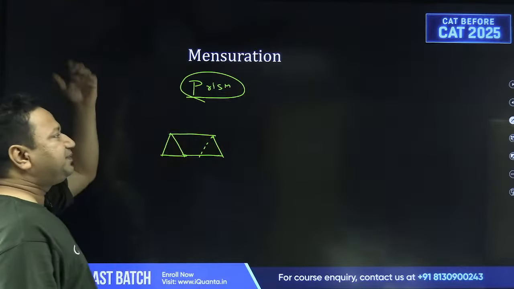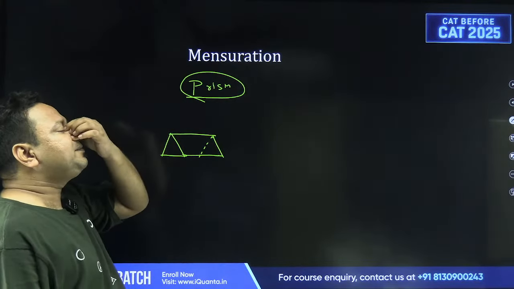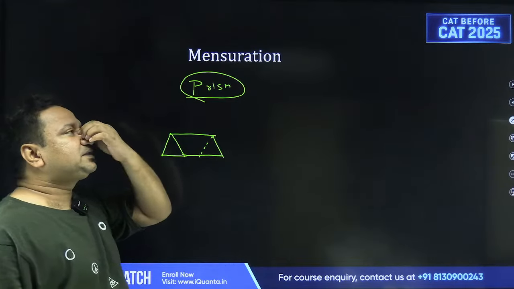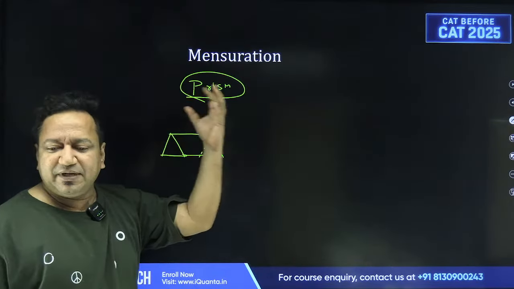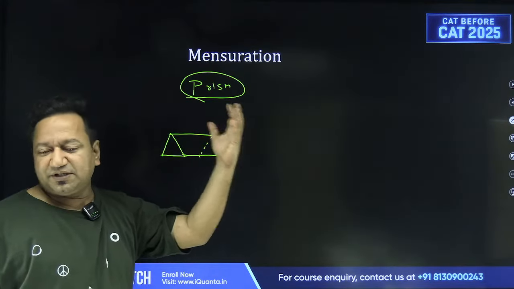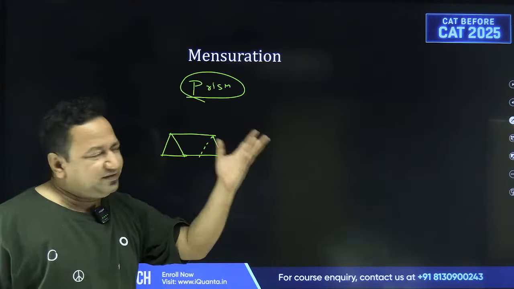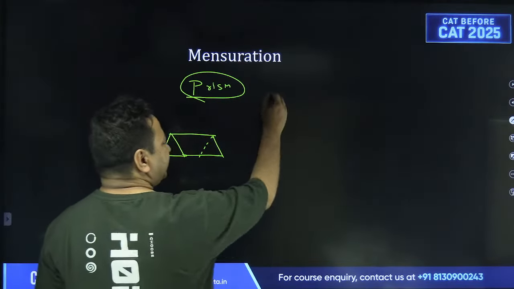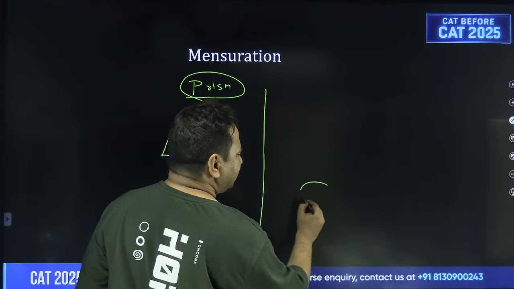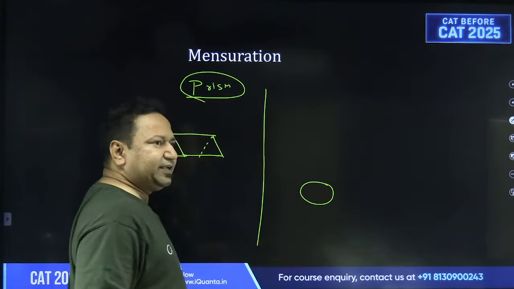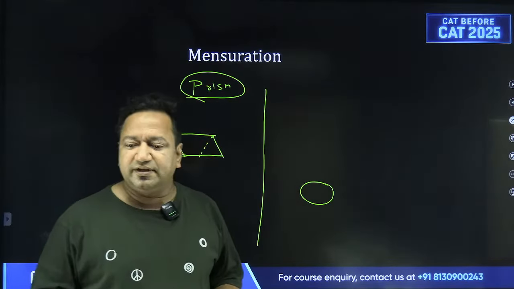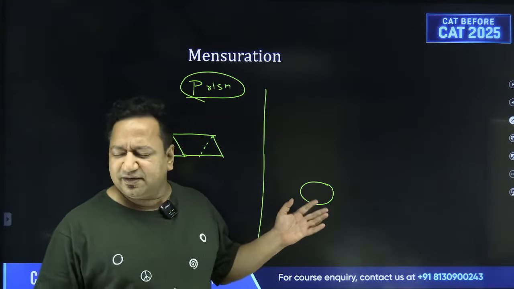But how to define a prism? A prism is nothing but the third dimension projection of any two-dimensional figure. Sounds weird, but I'll tell you what it means. If I have a circle, and I project it in the third dimension, there is length and breadth, the circle is in length and breadth.